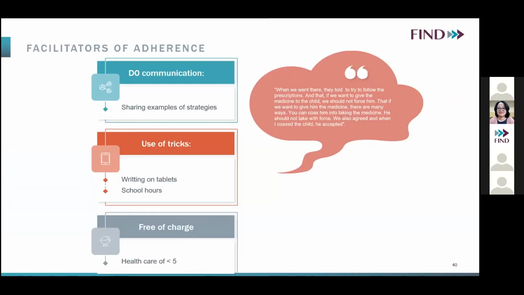You can see that on day zero communication, during the implementation study, the enrollment and the follow-up, on day zero, examples of strategy were shared with the healthcare worker based on an interview with patients or caregivers. Also, during prescription, tools are used to explain how to take medication correctly, for example, writing on the tablet or using school hours to indicate when to take the medication.